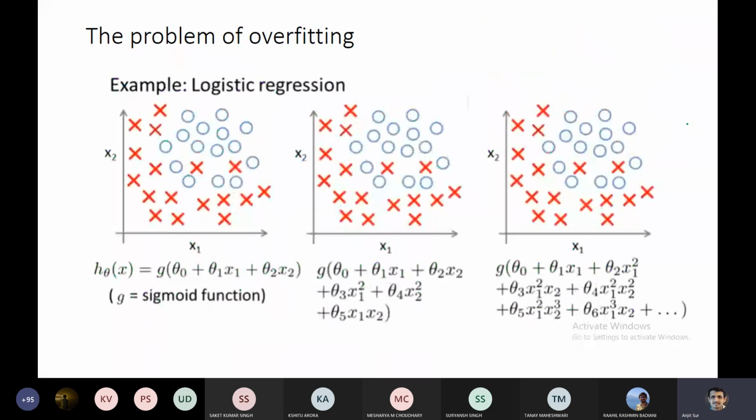Now the same example we give for logistic regression. You see, this is definitely underfit, and this is somewhat what we desired, and this is actually a bit wrongly coming. I don't know why.